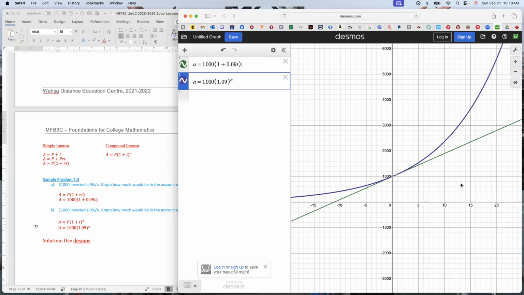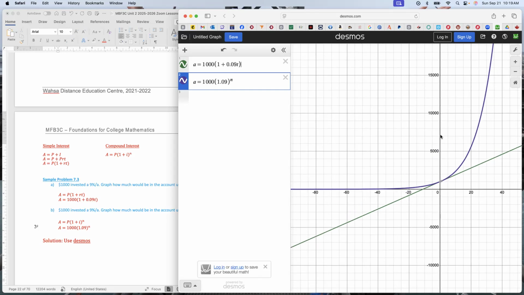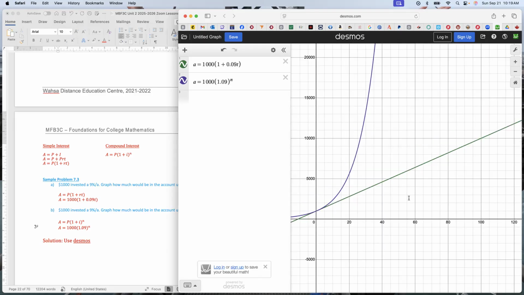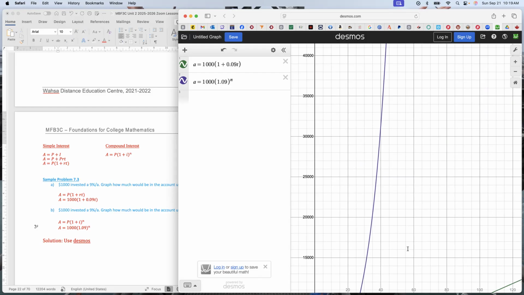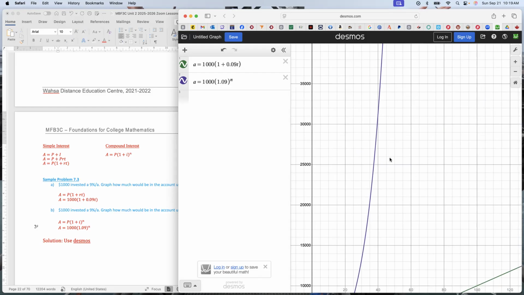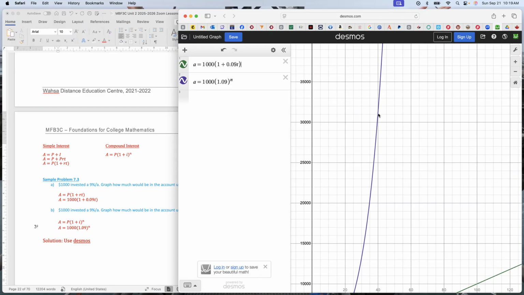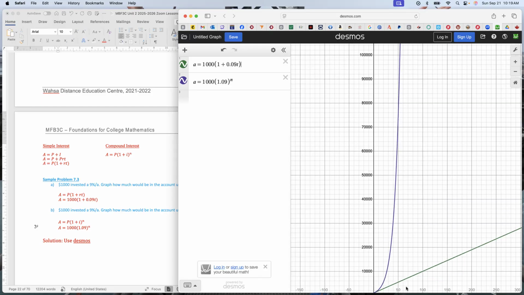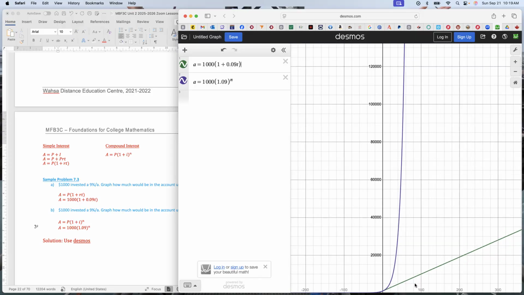So after 15, if you shrink this out, after 40 years you'd have less than 5,000 here, but over here you'd have about $32,000, as opposed to simple interest, you'd only have 5,000.